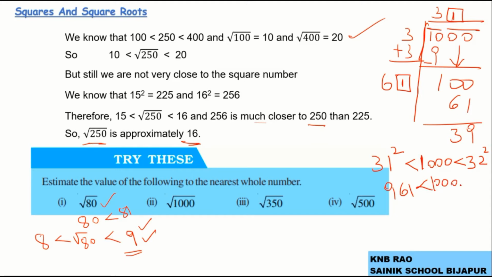And what is the square of 32? 1024. Now which is closer? 1000 is closer to 1024, so it is approximately 32. We can identify like this. The rest of these two questions you do on your own.